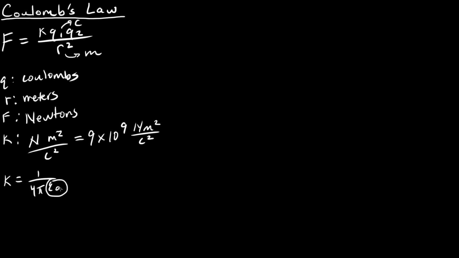This constant describes how well a material lets electric charges flow through it. Since it's epsilon with a 0, epsilon naught, that means this is the constant for free space. In this case, free space is the same as a vacuum and is the same as air. This is the permittivity of free space.